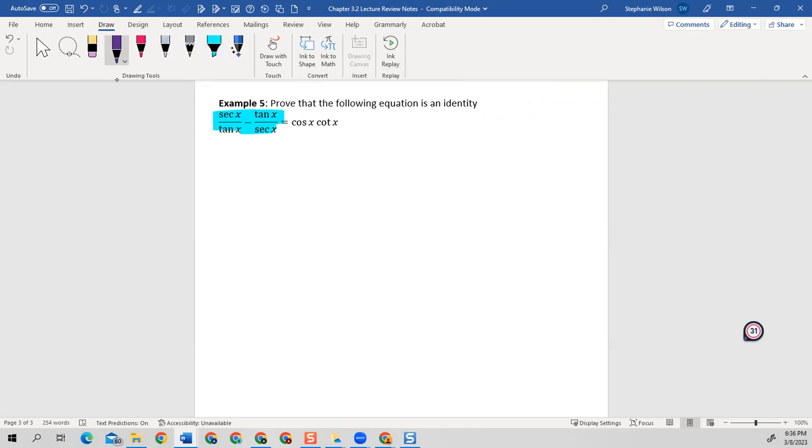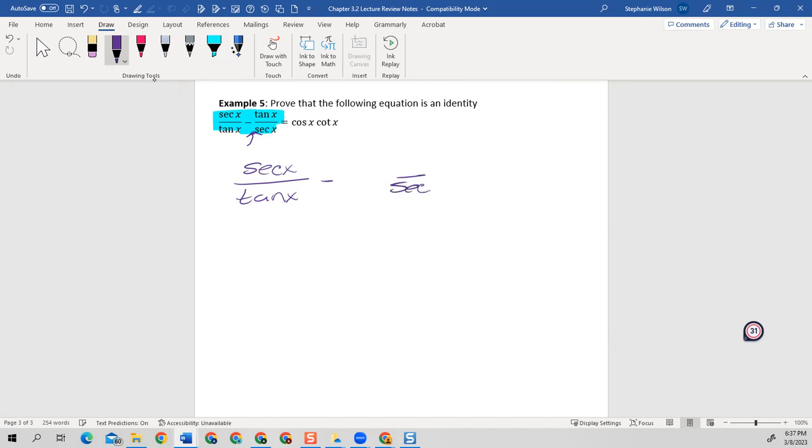Well, what do I know about secant x? I'm going to leave it alone. Well, hang on. Let me just backtrack. I don't want to use that method. Let's use this method. We have a subtraction going on. And in order to subtract fractions, we have to have a common denominator. So what I want to do is multiply by the common denominator on each part.